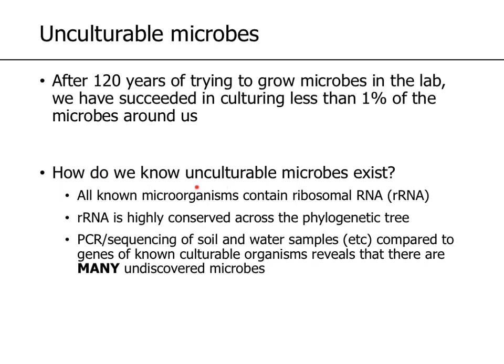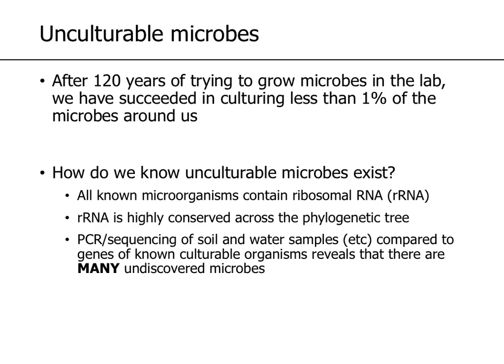But how do we know that these actually exist? Again, it goes back to the ribosomal RNA, right? We know that every microbe has this ribosomal RNA, and thanks to the invention of sequencing and PCR, we find a lot of these different microbes basically just by taking environmental samples and doing 16S sequencing on them.